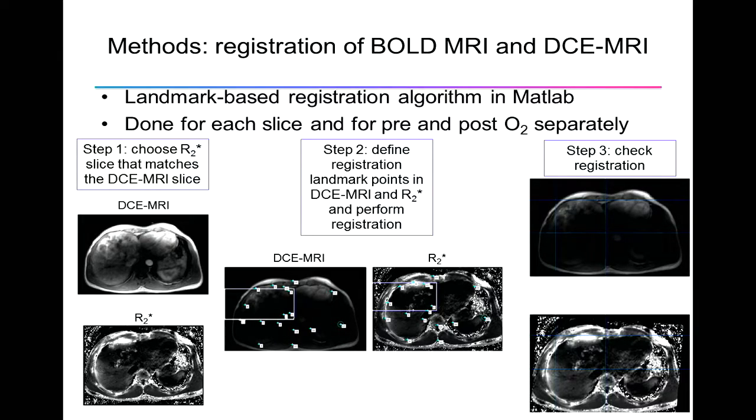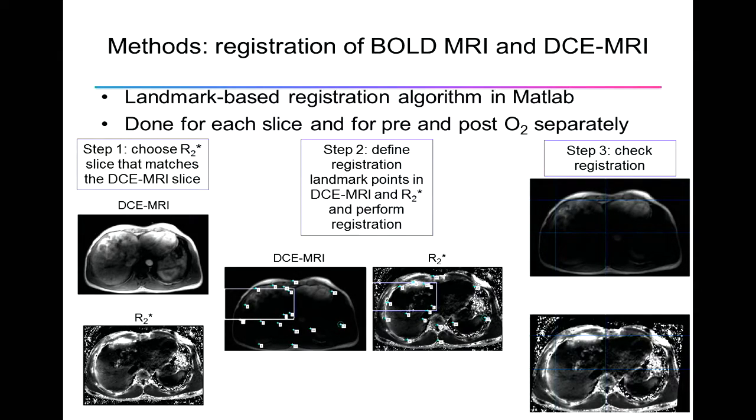Subsequently, we co-registered the BOLD MRI and DCE-MRI data using a landmark-based registration algorithm in MATLAB, and that was done for each slice and for the pre- and post-oxygen acquisitions separately. This registration consisted of 3 different steps. First, the R2* slice that matches the DCE-MRI slice was chosen.